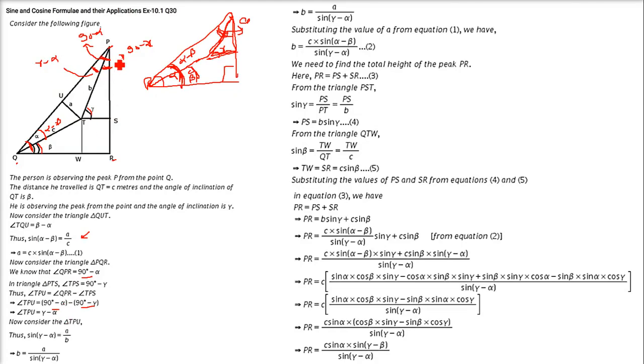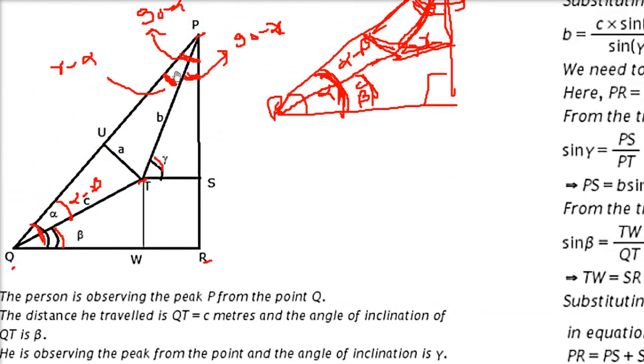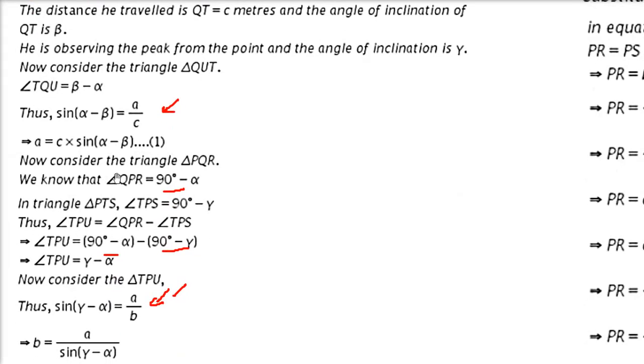Now we'll take the triangle TPU. In this triangle TPU, sine of this angle, gamma minus alpha, will be perpendicular upon hypotenuse, that is A by B. So from here you get B equal to A by sine gamma minus alpha.